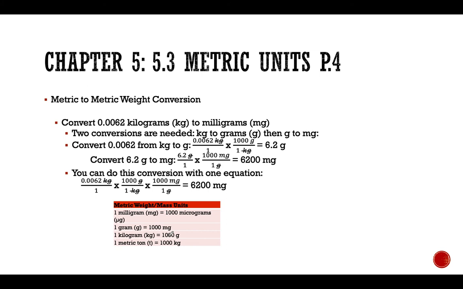Now let's make sure all the units cancel so that we're left with milligrams. Kilograms cancel kilograms. Grams cancel grams. We're left with milligrams. And the final answer, when we multiply all this out, is 6,200 milligrams. And there's a small table on the bottom of this slide with metric weight and mass units.